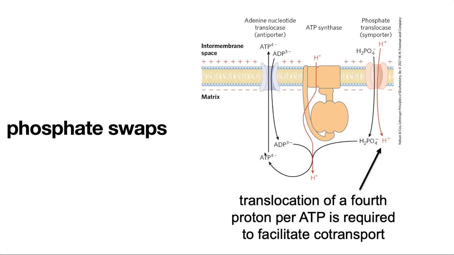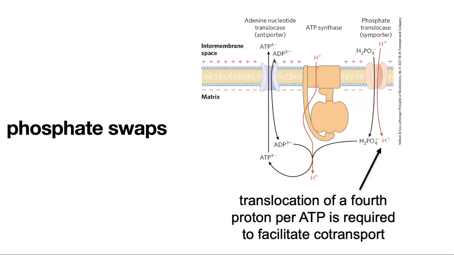As you can imagine, these negatively charged molecules aren't just going to flow through the membrane on their own. Instead, they're going to need help, so they're going to travel through membrane proteins. In the case of ADP and ATP, we swap them through the same transporter. This would be an example of an antiporter.